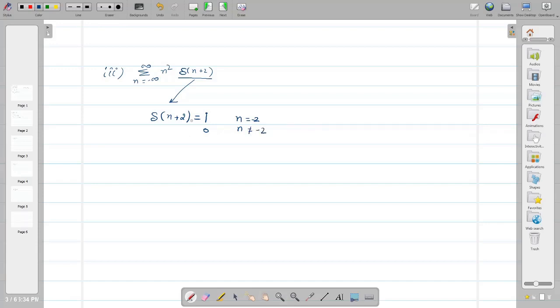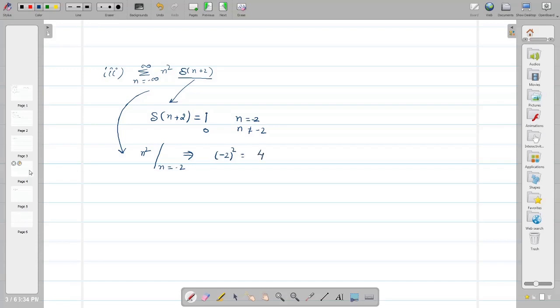So this expression is defined only for n equal to minus 2, and what is left is n square. Putting the value of n, it is minus 2 raised to the power 2, which is 4.